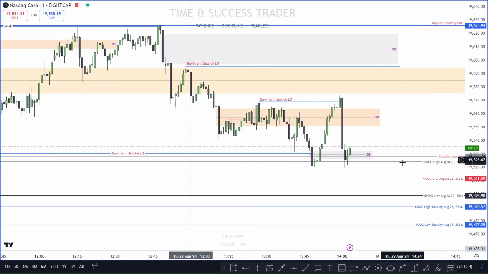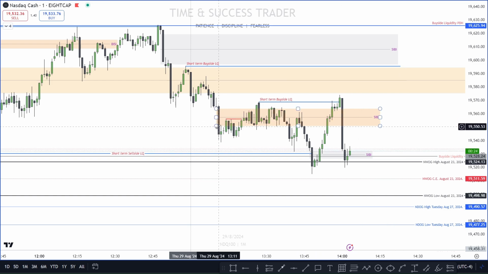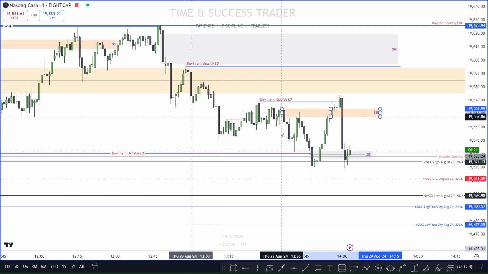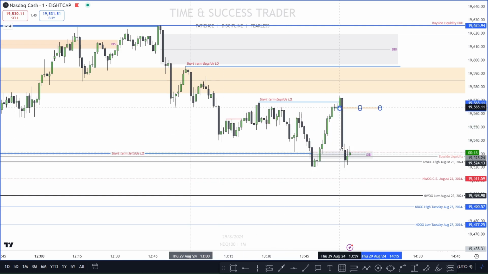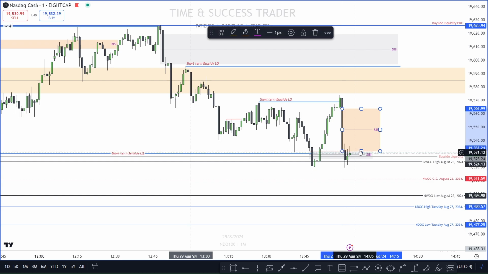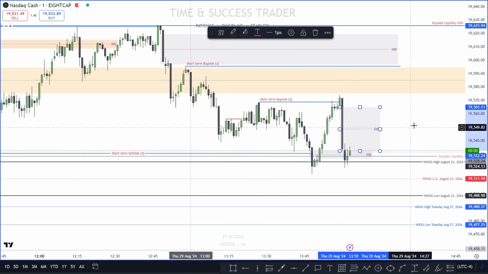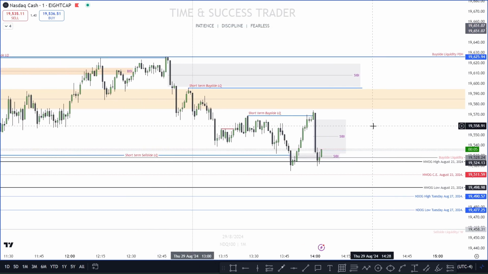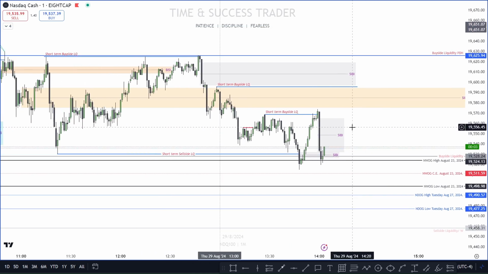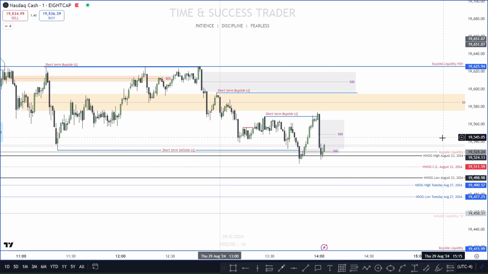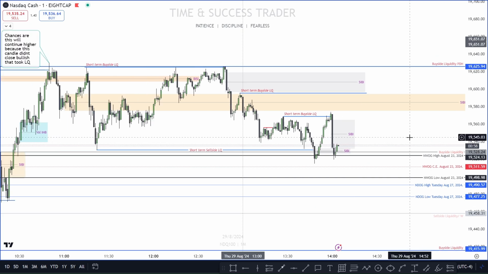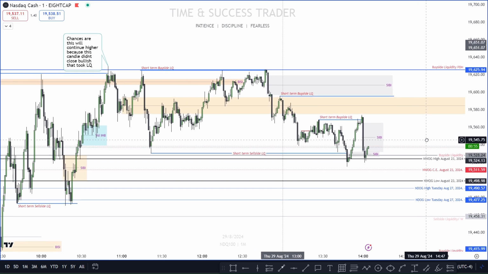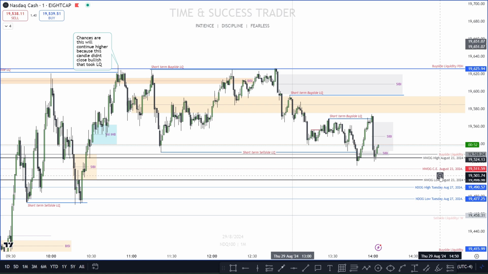And so now our new area of focus is this here, right here, that was the imbalance as well. So this is our CB. That's our area there.